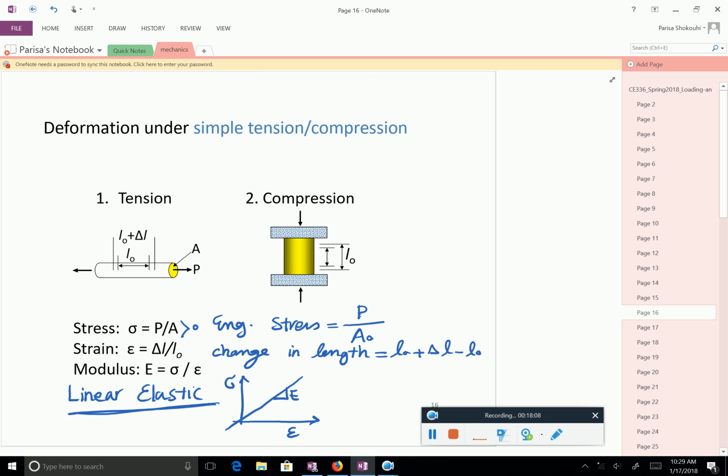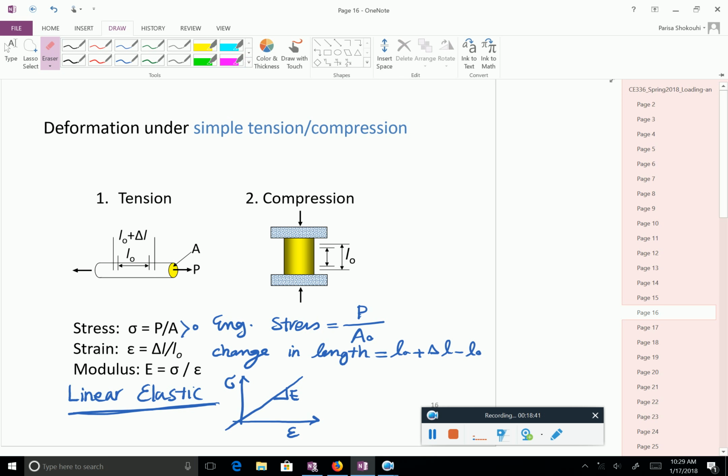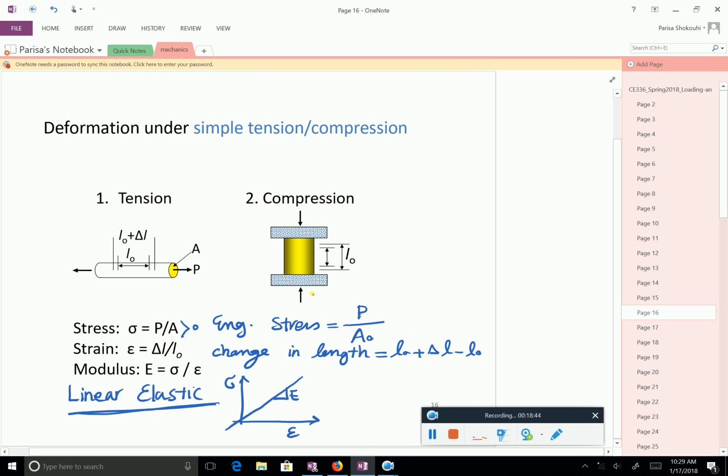What does that mean? Now, this is for tension. Try to see if you can write similar things for compression. So put the force P, original area is A0. Let me use another color to make sure. So I use P and original area is A0.